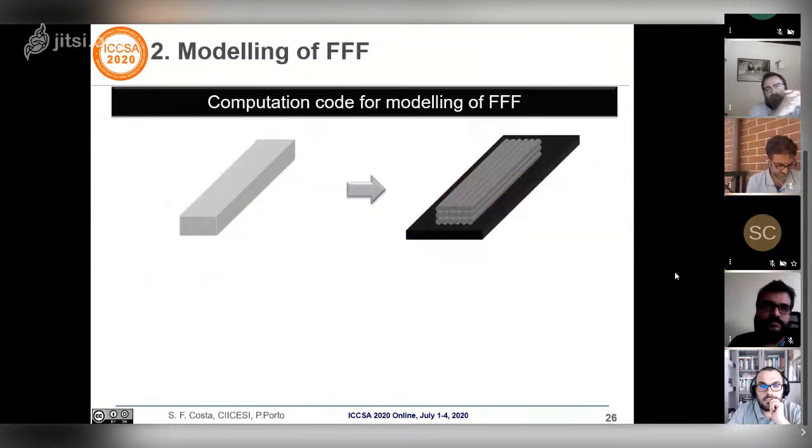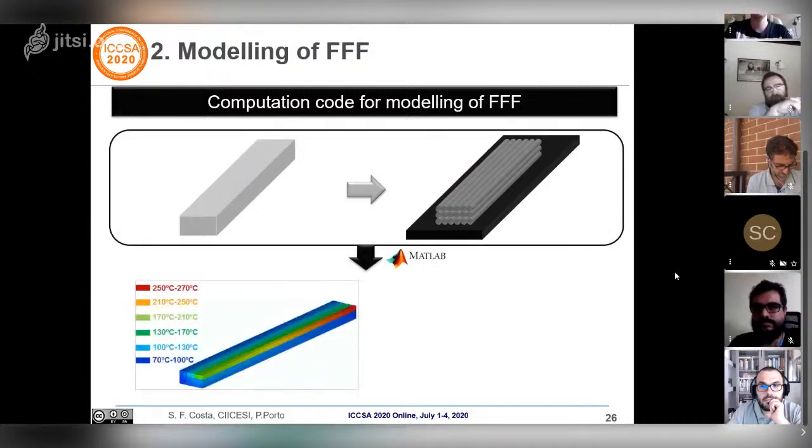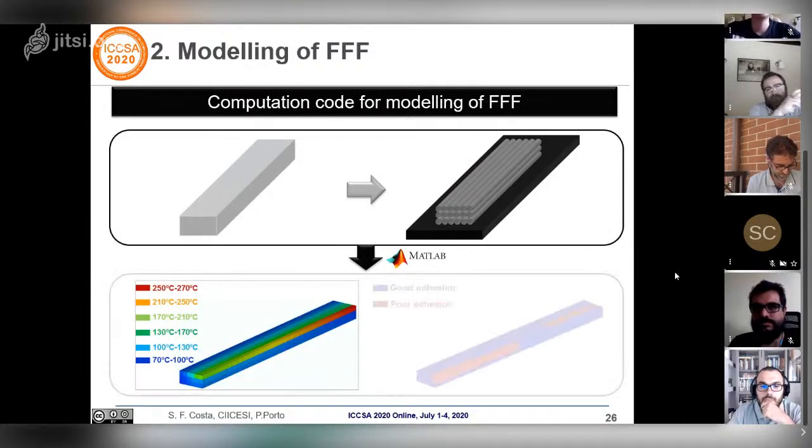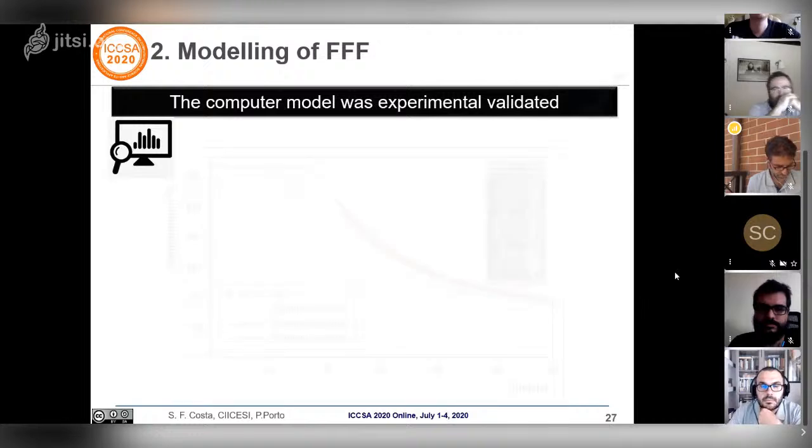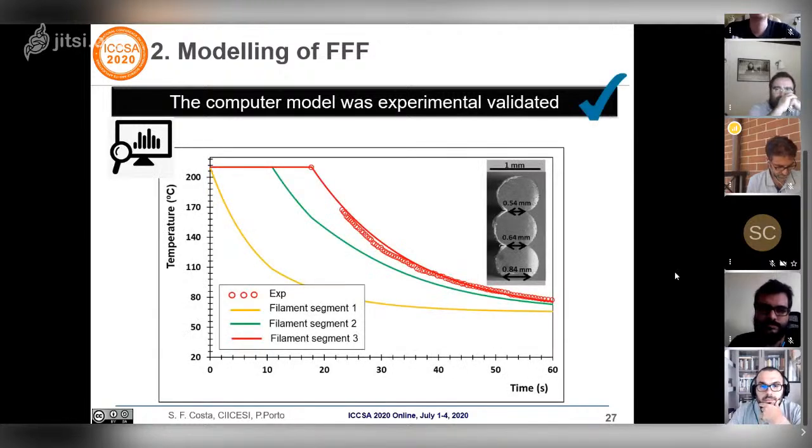So with this model, it is possible to obtain the temperature evolution and the regions of good and poor adhesion for any part geometry. And the predictions of the model were generally in good agreement with the experimental data.